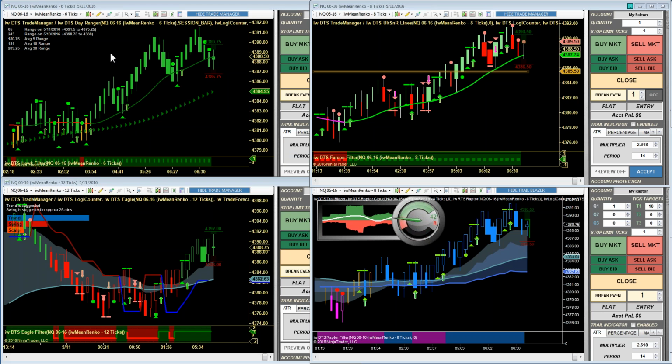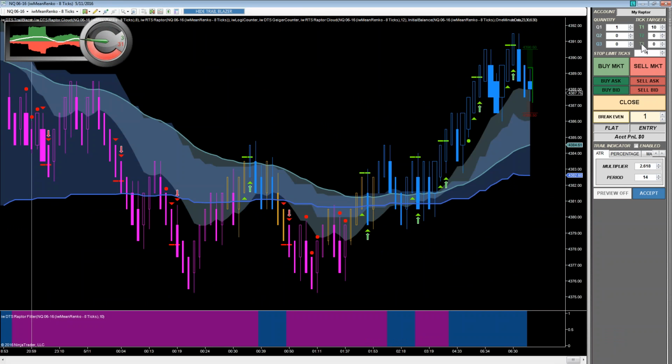So here in the top left, we have the Hawk Scalper. Top right, Falcon Swing Trader. Bottom left, Eagle Trend Trader. And the bottom right, this is the latest addition to the DTS family. This is the Raptor, and the Raptor actually incorporates elements of all three birds into one trading system.